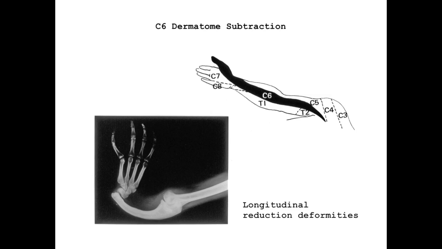Here, the dermatome of the sixth cervical nerve is coloured black, and if you excised it and the underlying bones, you will end up with the X-ray shown here of radial aplasia and absent thumb, which was the most common thalidomide malformation. It raises the question of whether thalidomide was attacking the sixth cervical nerve.